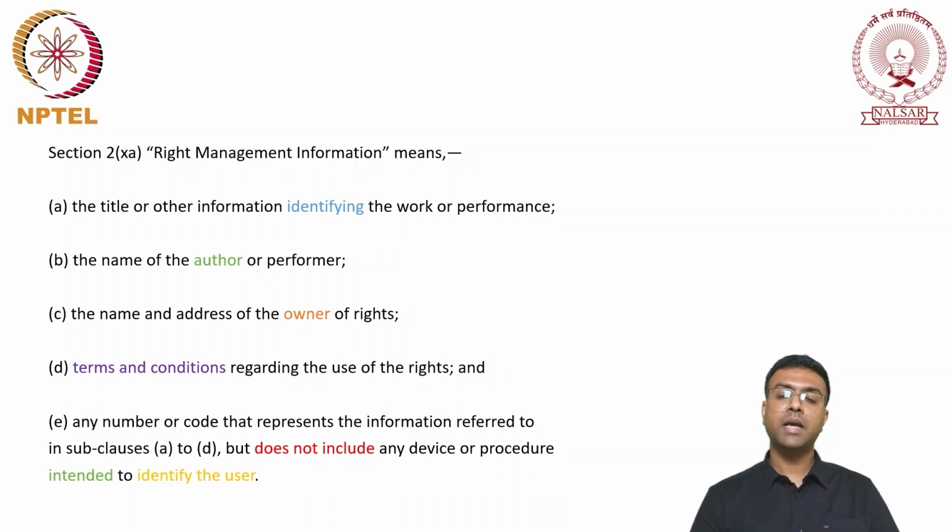Rights management information, as is clear from a literal understanding of this definition, is information pertaining to the identification of the work with respect to its author or the right holder, and the terms and conditions of usage of such work. We will find this information tied to any digital unit which is available for usage online.